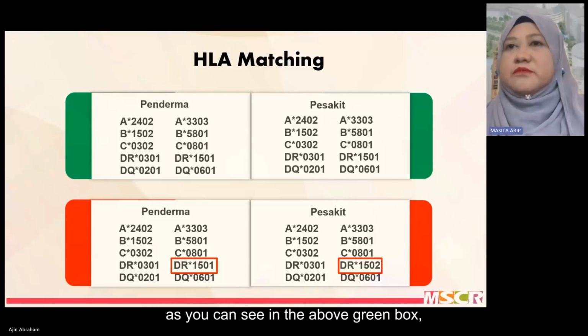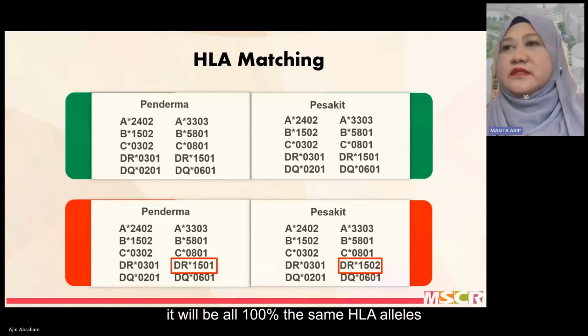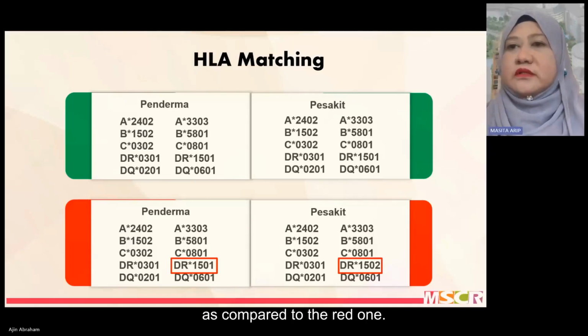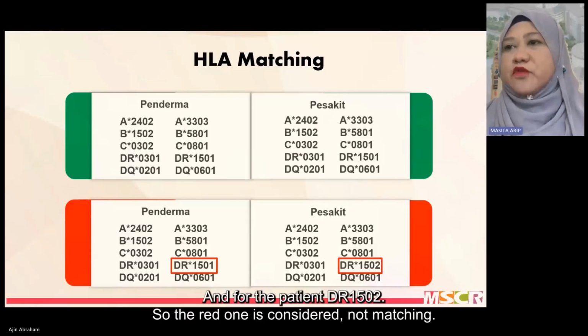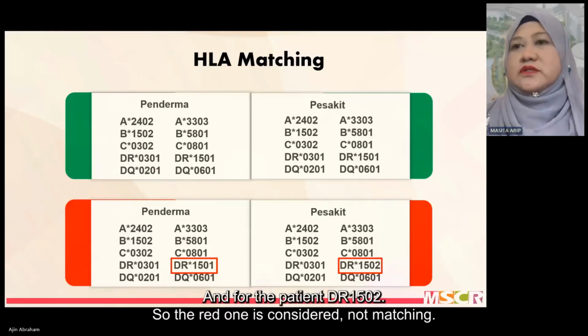In the upper part, the green box shows all 100% identical HLA alleles. Compared to the red one, there are slightly different HLA alleles, which is DR1501 for the donor and DR1502 for the patient. So the red one is considered not matching.